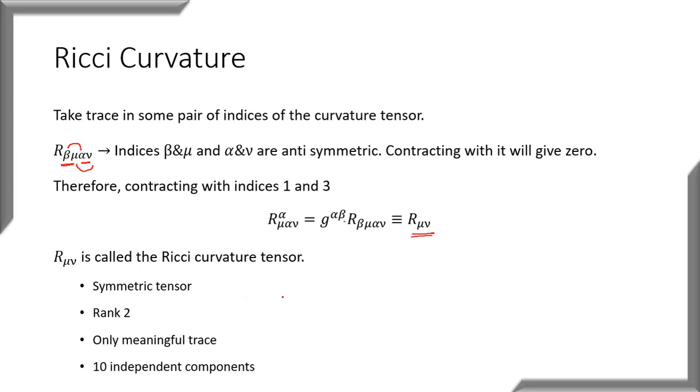This Ricci curvature tensor turns out to be a symmetric tensor. It is the only meaningful trace which we can get from the Riemannian curvature tensor. Since it is rank 2 and symmetric, it has only 10 independent components which define the curvature of the space.